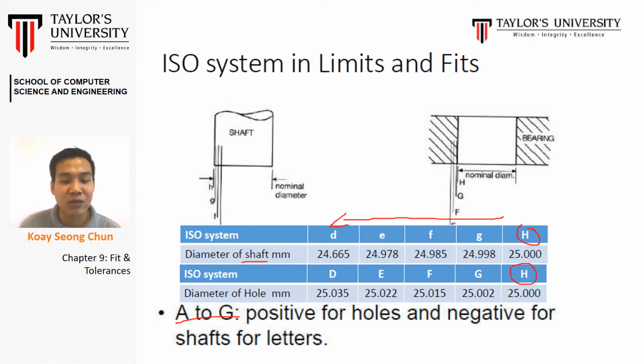They are allowed to have a smaller size of the shaft. And for the hole, it will be opposite. If the alphabet is A to G, it means the hole can have a smaller size of the hole. They are allowed to have a maximum limit of the hole.